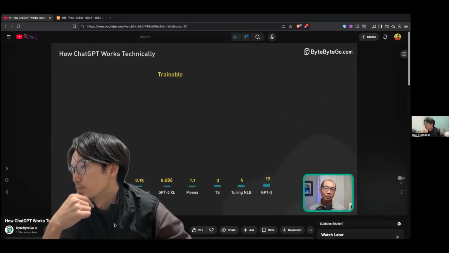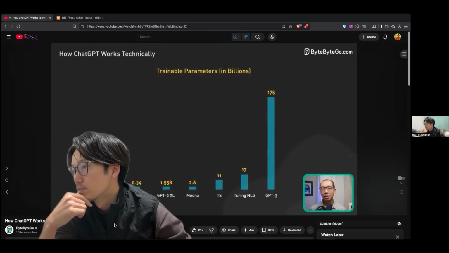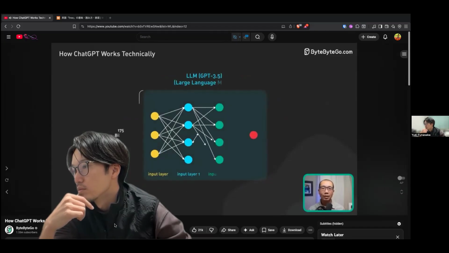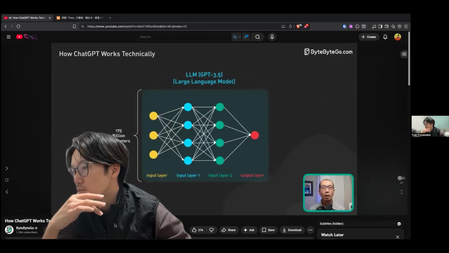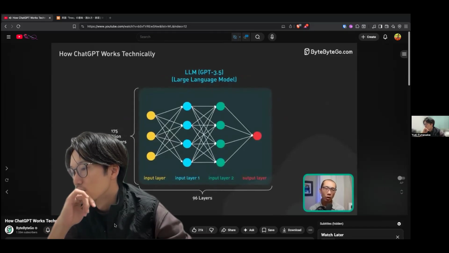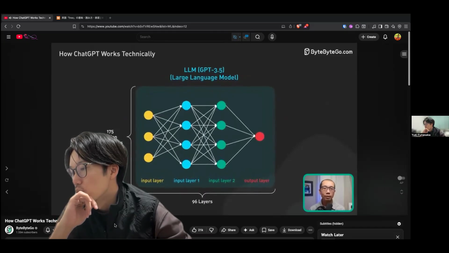Now, an LLM is often characterized by its size and the number of parameters it contains. The largest model of GPT 3.5 has 175 billion parameters spread across 96 layers in a neural network, making it one of the largest deep learning models ever created.